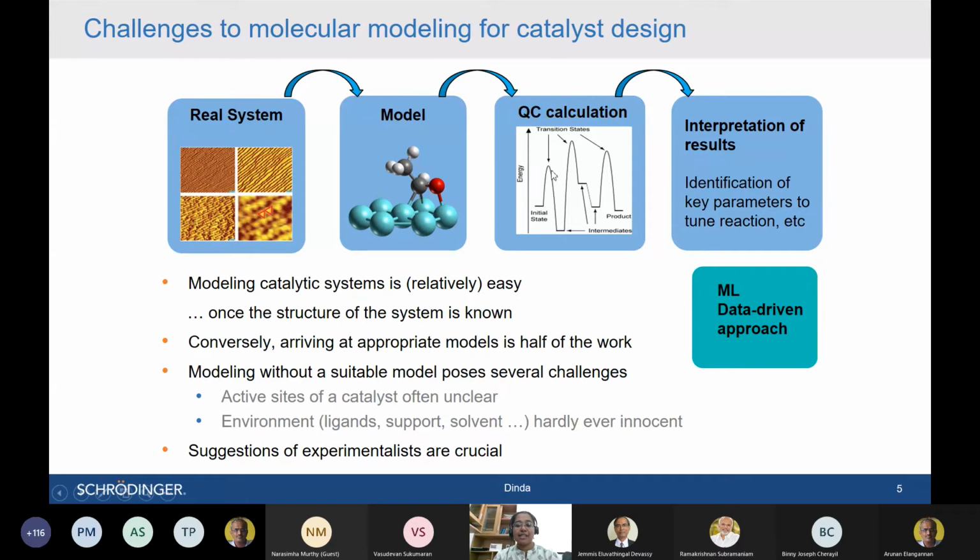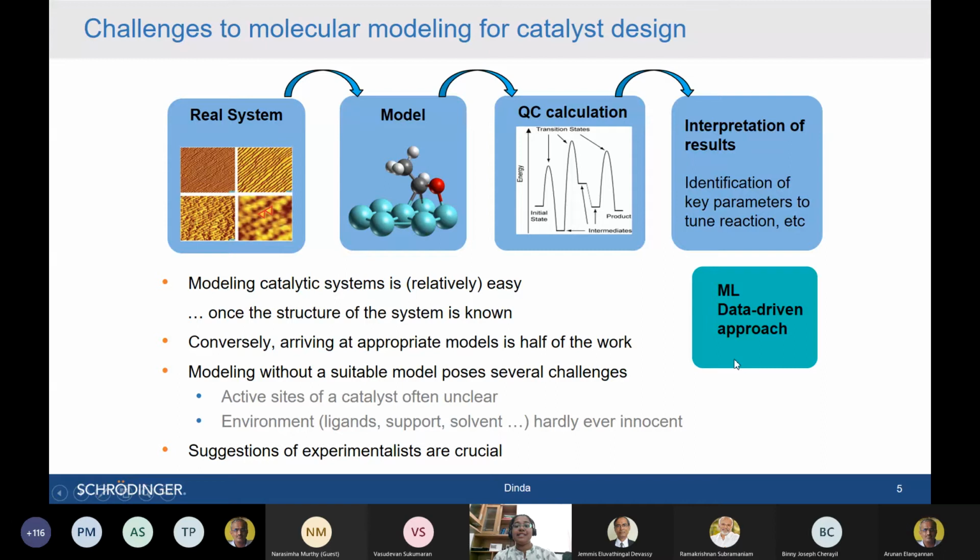Then we calculate several elementary steps, and our goal is to find the rate determining state and concentrate on some of the crucial intermediates which govern the reactions. It's not only the intermediates, it's driven by additives, solvents, and supports, and many things. This is not only about understanding the experiment, but also telling the experimentalists from the modeling study how to design the experiment in order to understand the reaction in a better way.